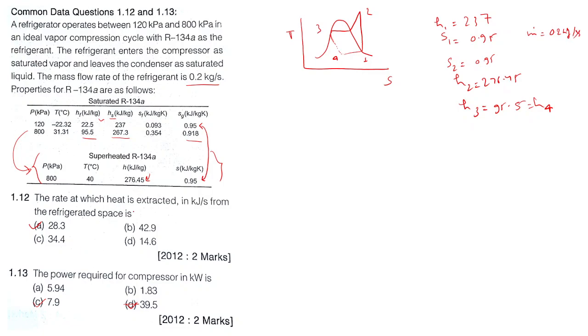So the rate at which heat is extracted, in kilojoule per second, means in kilowatt: first we can do 0.2 into 237 minus 95.5. Whatever comes, that would be the answer here.